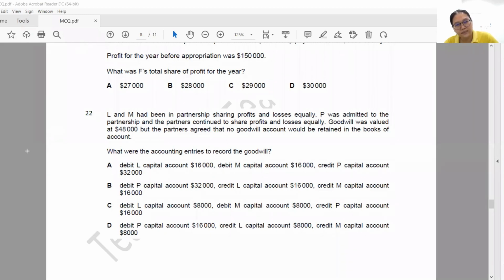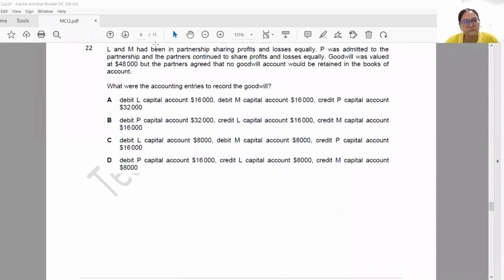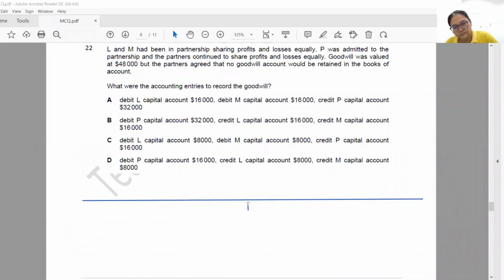If we open the T account, here L, M, P, the partners. This is a goodwill creation. The total goodwill is 48,000, shared equally, that means 24,000 here, 24,000 here.